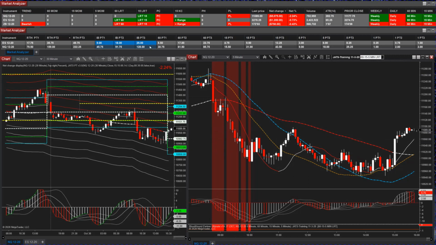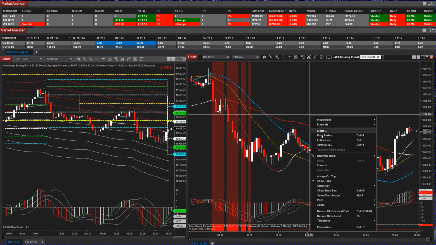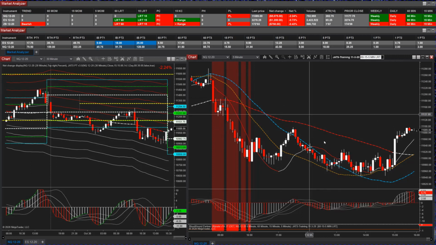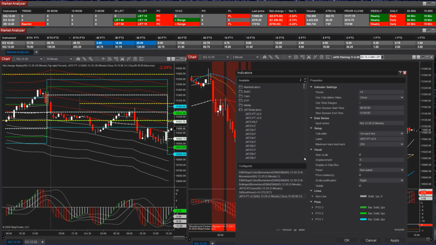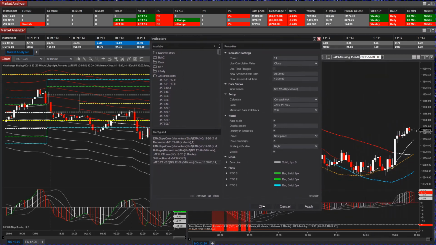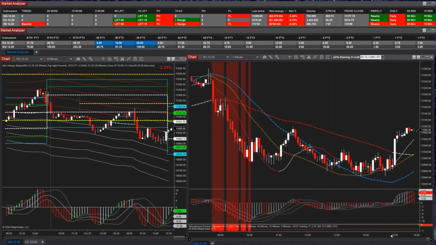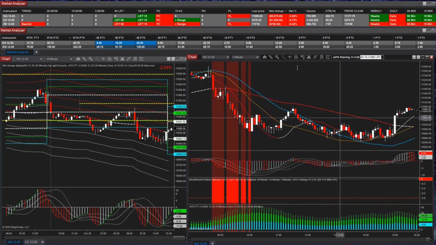And so I've got an indicator to capture this. Like I said, I put it in the market analyzer so that you can be looking at this at all times. And then you can put the indicator on your chart also. And that's two parts to this indicator part. This first one puts the oscillator on the chart, and it mimics what these levels are that you see on your market analyzer.